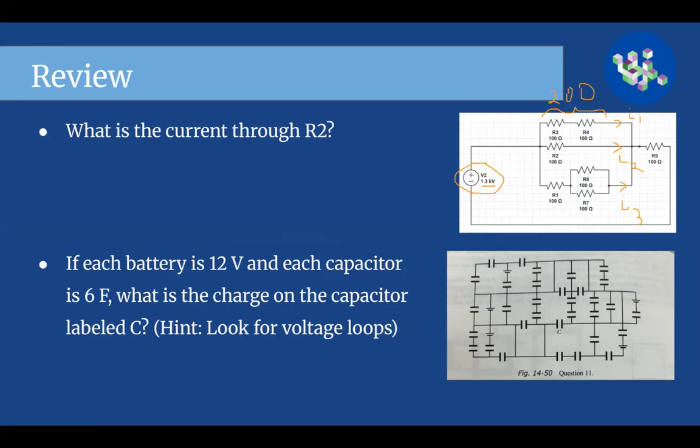For this one, we can use our parallel rule and the series rule, and you're going to get 150. Another important thing is we have another resistor. The current through this is I, and we know that I equals I1 plus I2 plus I3, because they all join back over here and go through the rest.